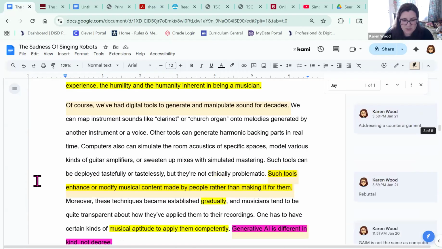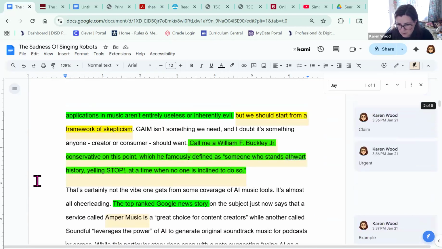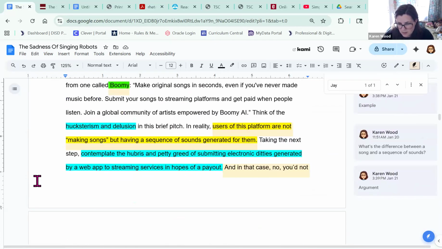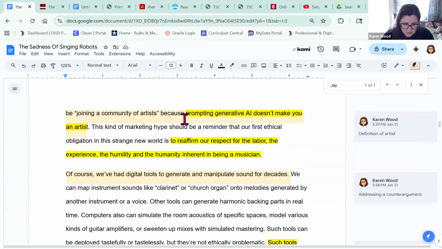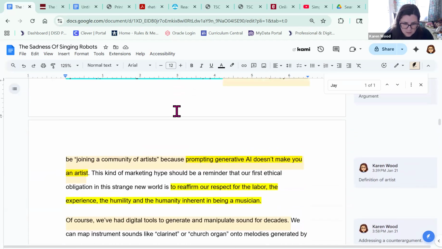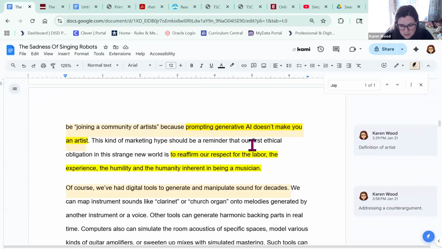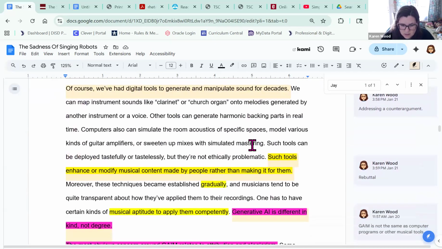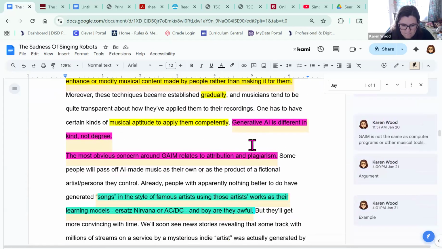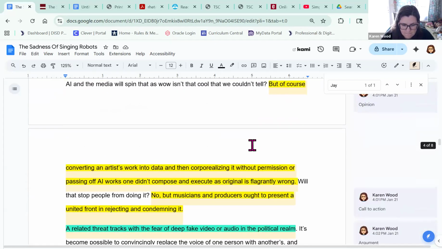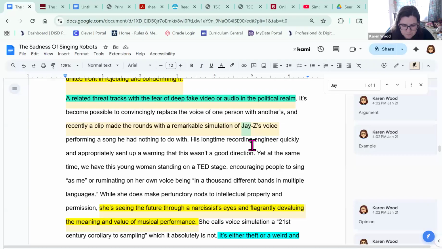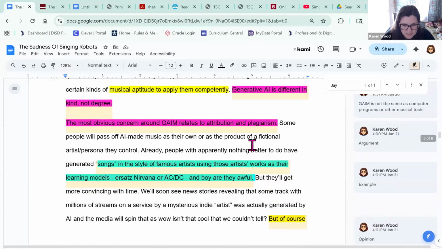So I'm definitely going to drop definitions in here. Prompting generative AI doesn't make you an artist. Let's see.